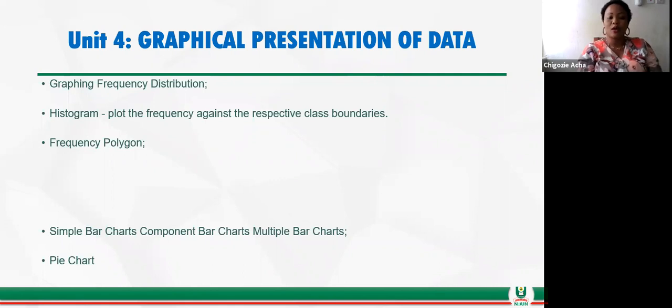In plotting the histogram, make sure that you plot the frequencies against the class intervals. You can see that on page 46 of your course guide. You're also expected to know how you plot your frequency polygon and your OGIVE.